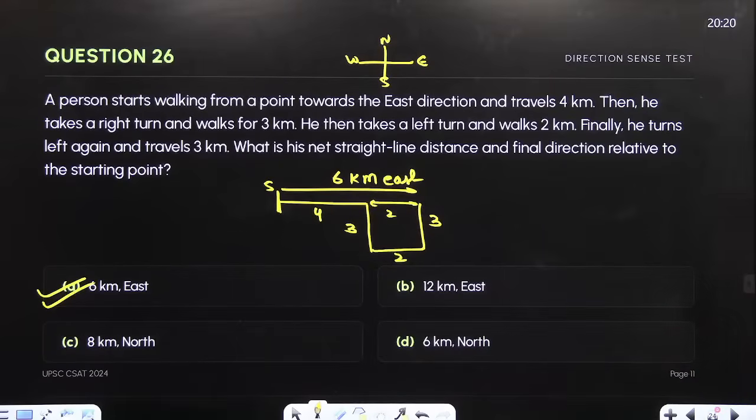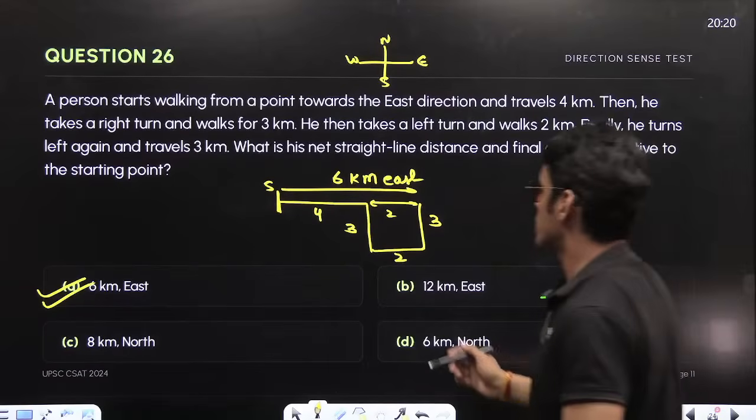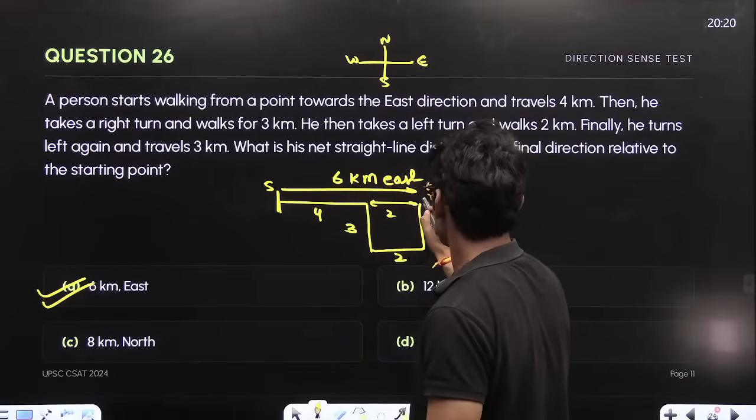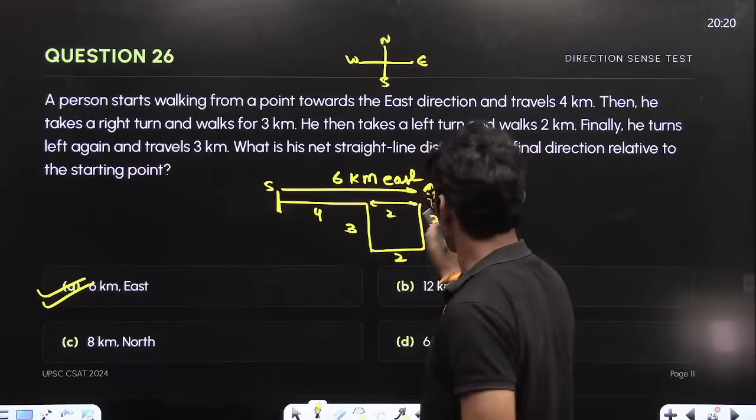Problem number 26. A person facing east travels 4 kilometers in a straight line. The minimum distance between the final point and the person is facing. Oh, yes. I got your point. Actually, the person is facing here. That is what you are saying. Yes, it will be north only.